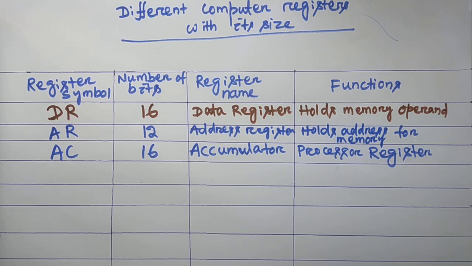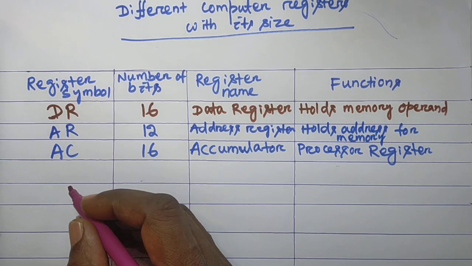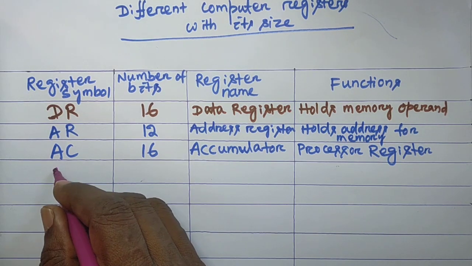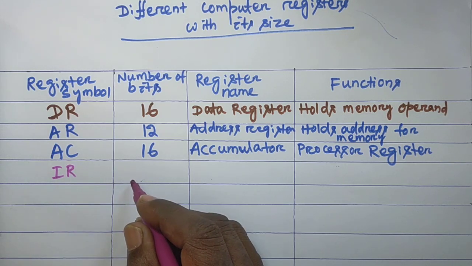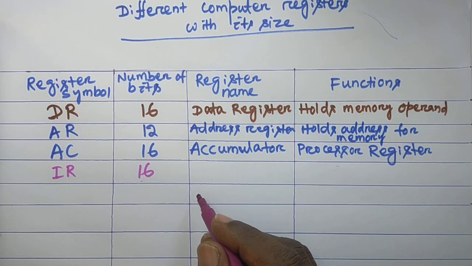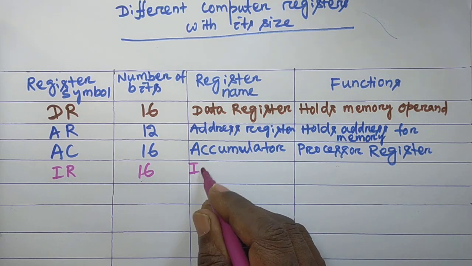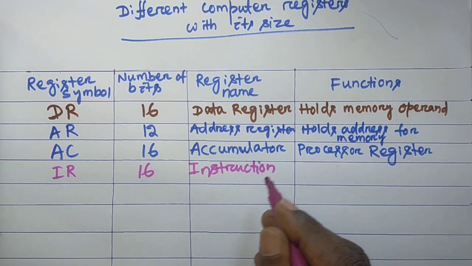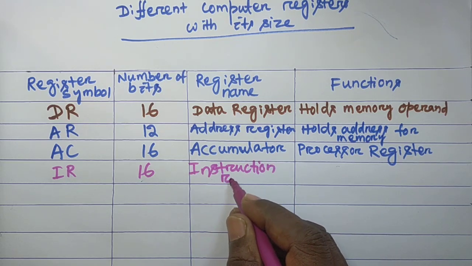Similarly, other registers also you can see. What is the other? You see, here after SC is IR. IR means instruction register, having 16 bits. Instruction register, definitely, once instruction means it is 16 bits, we have already known.